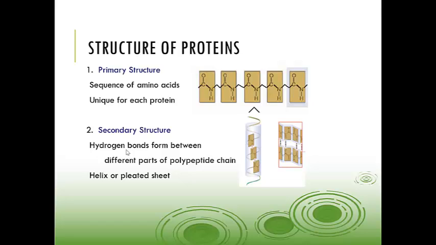So going back to the primary structure of the protein, it has to do strictly with the amino acid sequence, and we utilize that codon that I talked about, and you code for certain amino acids. The secondary structure describes how the chain of amino acids is actually oriented in space. A common secondary structure of proteins is referred to as an alpha helix.